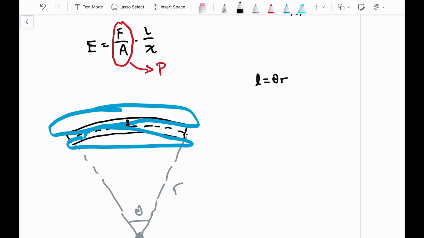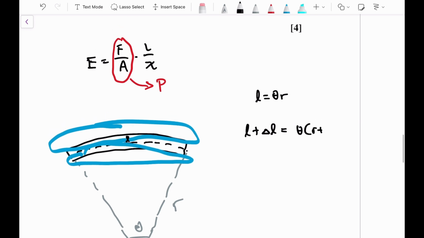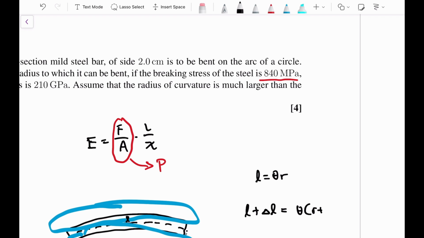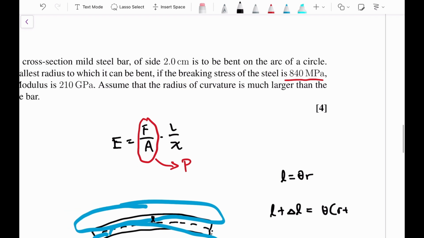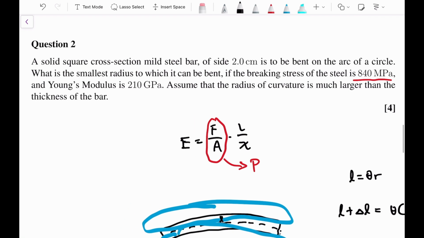At the top part, the length is L plus some change in L, a change in L. And this is equal to theta times R plus, assuming the radius of curvature is much larger than the thickness of the bar.